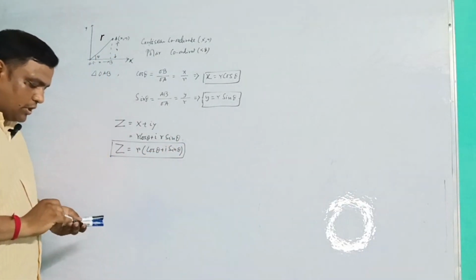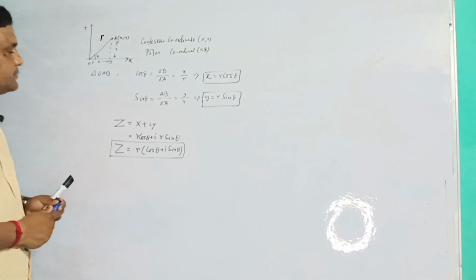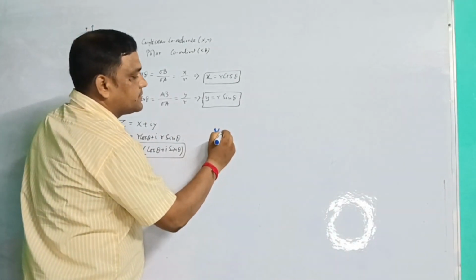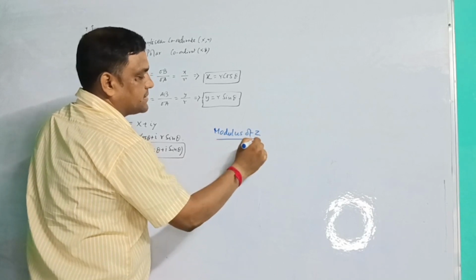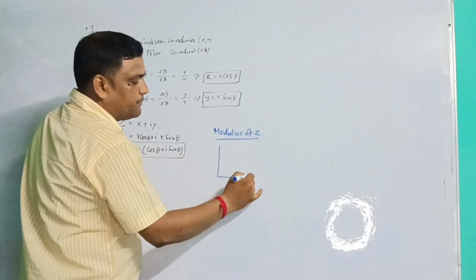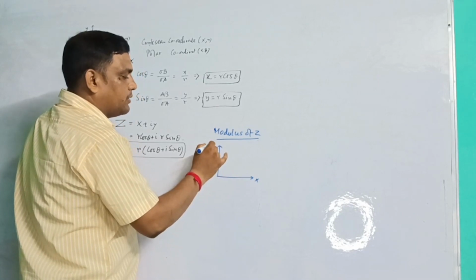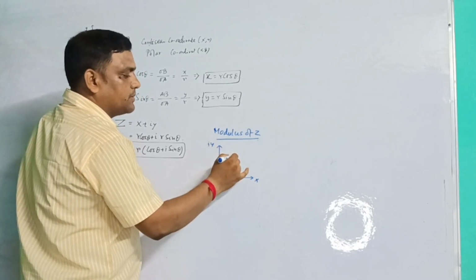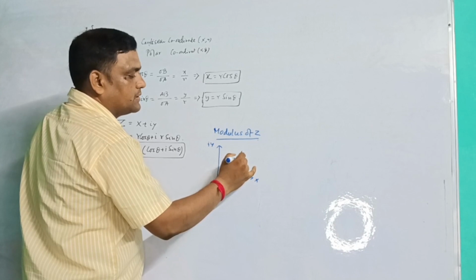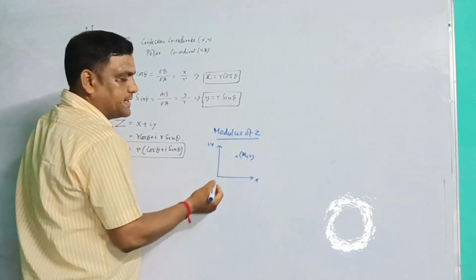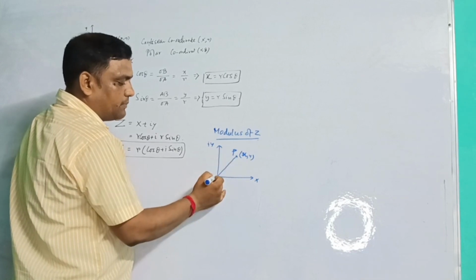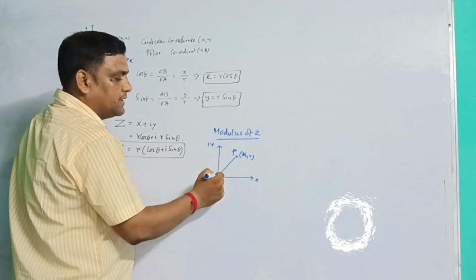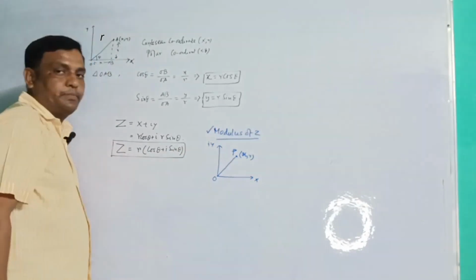Now, what is the modulus of a complex number? Modulus of z. So, if we plot a complex number in the Argand plane or in the z plane, suppose the coordinate of that particular point is x, y, then the distance of that particular point from the origin is called the modulus of the complex number.